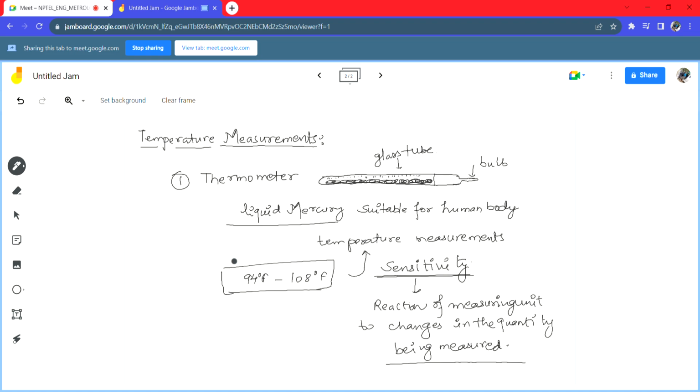Now that is critical while observing the human body temperatures, because the range is from 94 to 108 degrees Fahrenheit. Now suppose this liquid mercury was not capable of giving temperatures in the range of 0.1 degree Fahrenheit, and suppose it gave temperature ranges between say 2.2 degrees Fahrenheit or 2.5 degrees Fahrenheit.